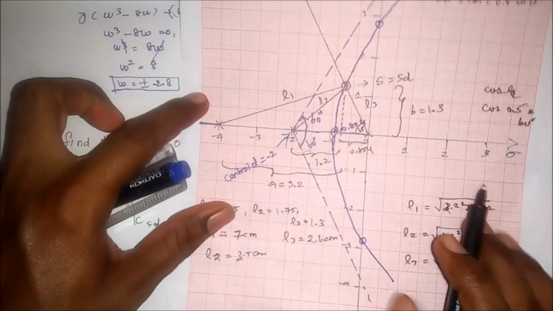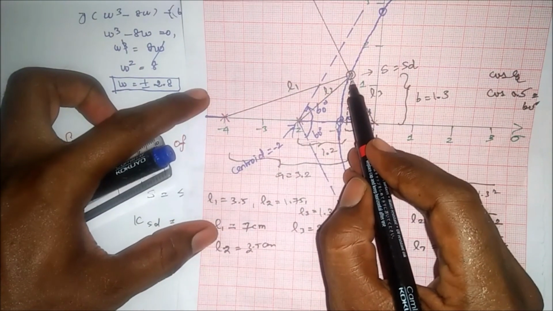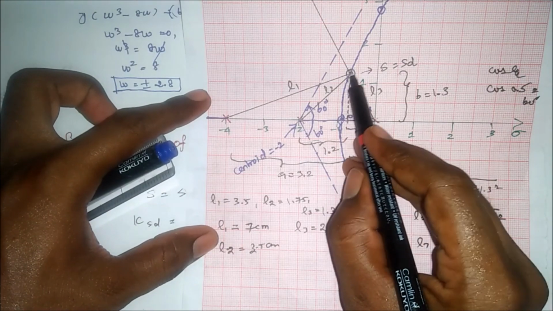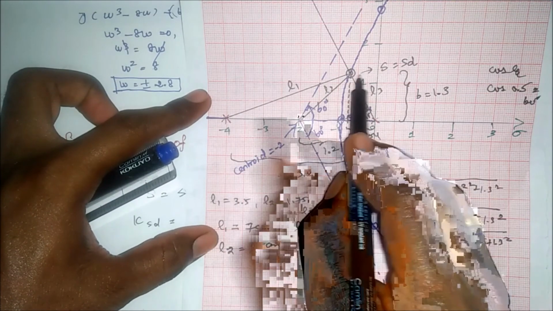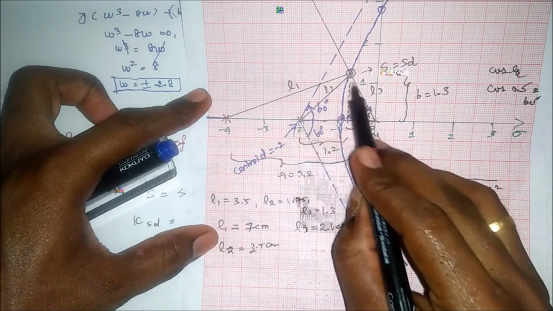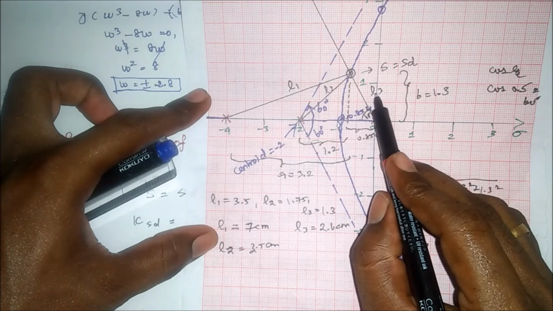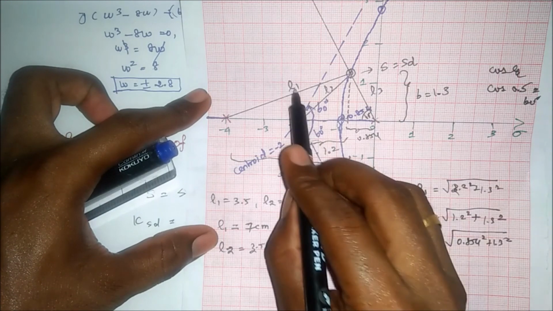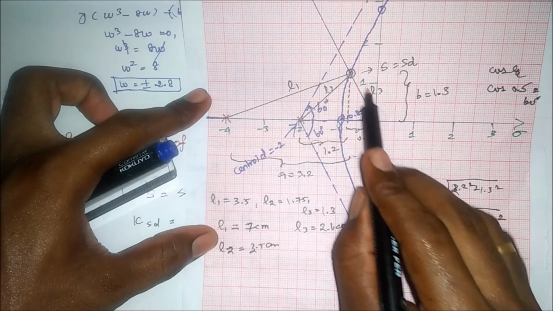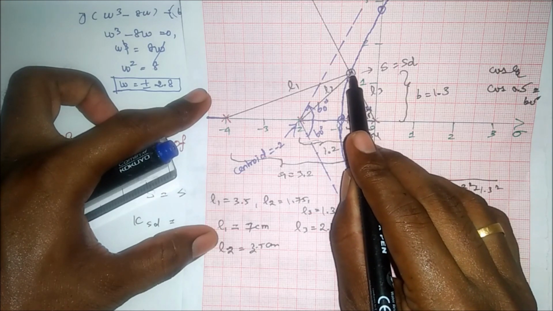From this graph, this is the SD. So according to the numerator, from this point to all other poles, the length of this point to the first pole is L1, this point to the second pole is L2, and this point to the third pole is L3. Therefore, we have to calculate L1 into L2 into L3, divided by the same length of this point to the zeros.